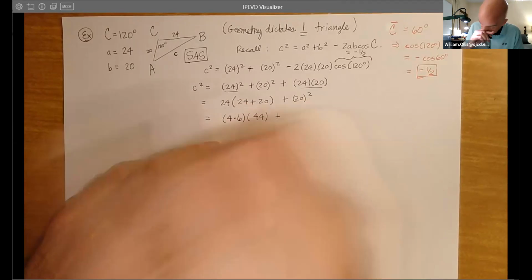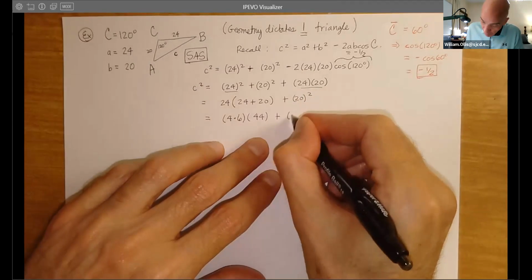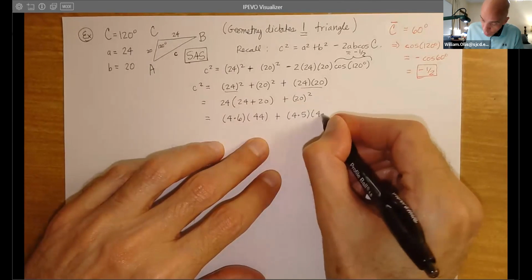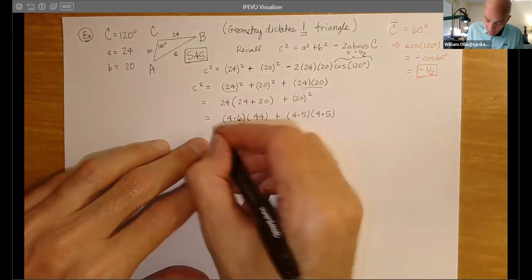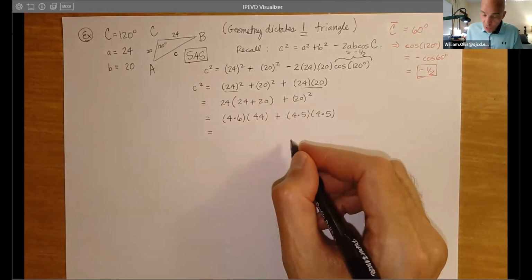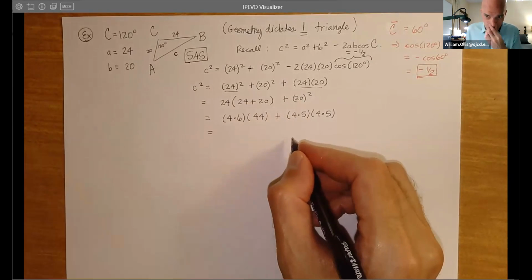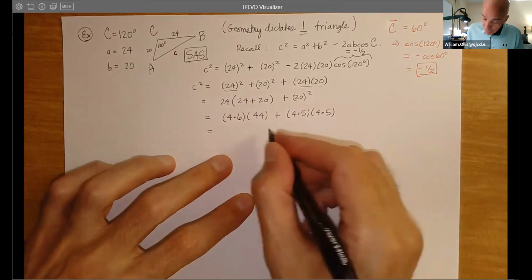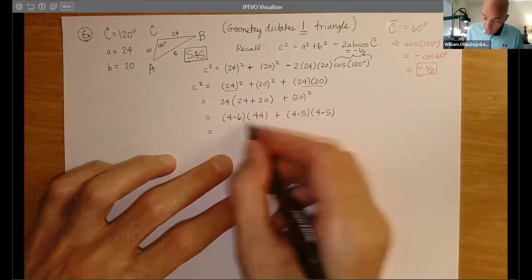And then plus 4 times 5. So just doing some symbolic calculation. We haven't done this in a while. Excuse me, I ran this morning and good old allergies. And so we can factor the 4's here and the 4's here.